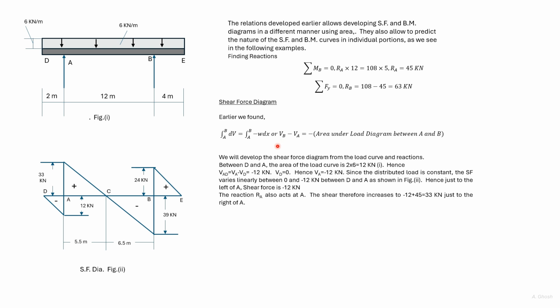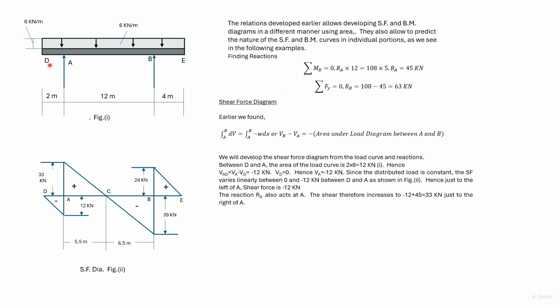Then using this formula, we can write VAD is equal to VA minus VD is equal to minus 12. Now here VD is 0. Then we get VA as minus 12. So we have plotted VA as minus 12.